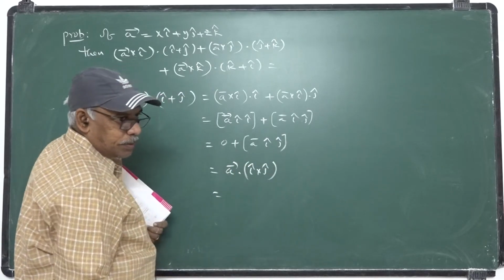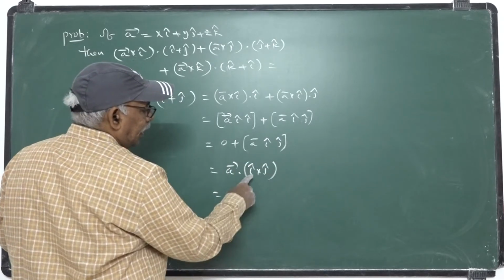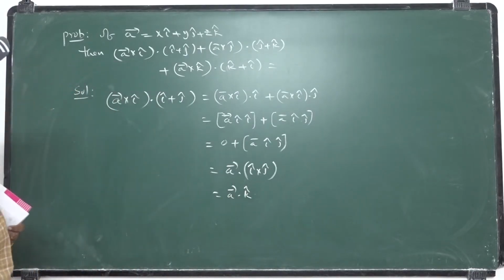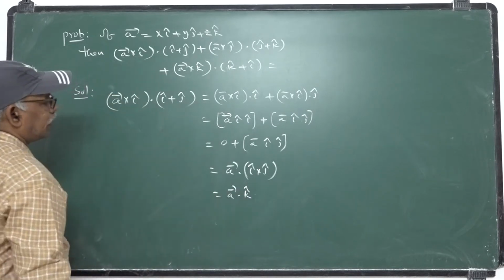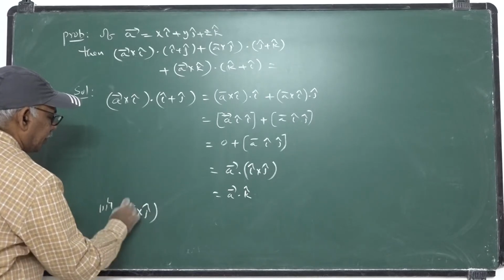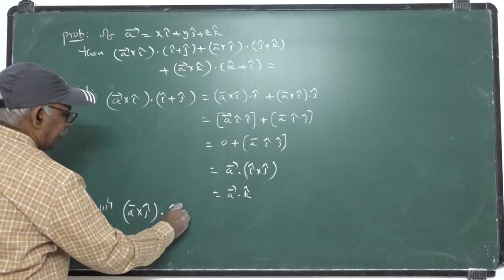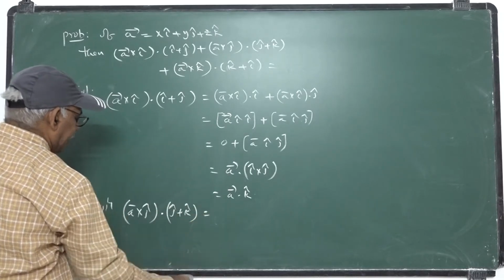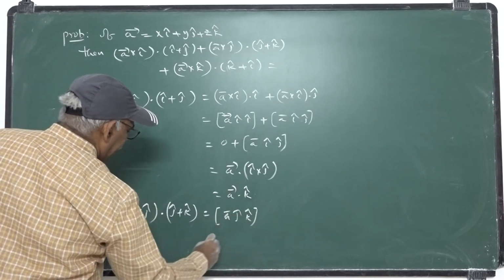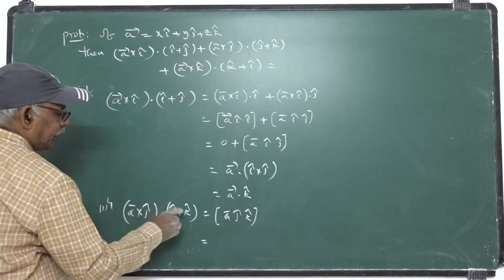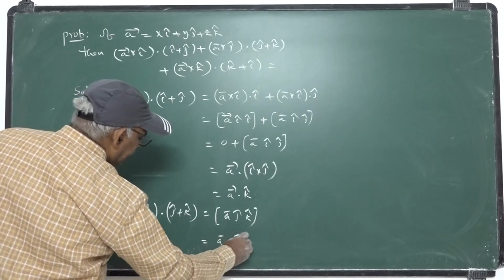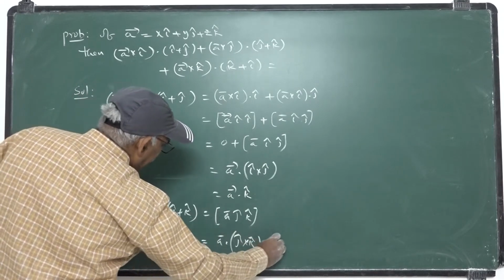By scalar triple product, the box value can be evaluated like this. I cross j is k. So, the first term is equal to A bar dot k. Similarly, A bar cross j dot j plus k, this is equal to box A j j plus box A j k, because box A j j is 0, hence box A j k, that is A bar dot j cross k, which is A bar dot I.